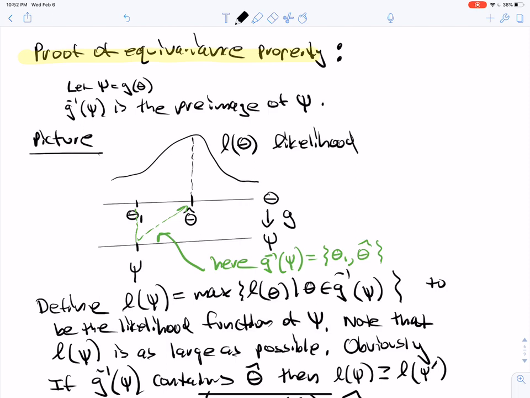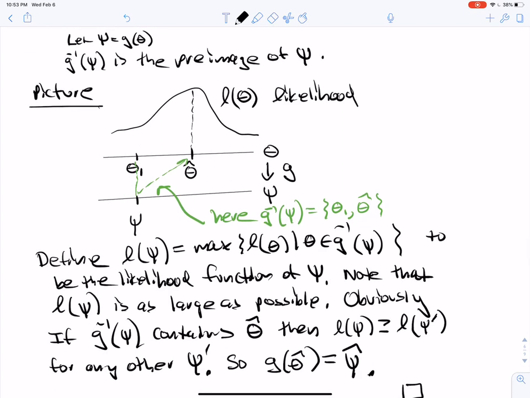I have theta, the first line, I have a coordinate change under G to phi, and phi can be many to one valued. I mean, G inverse is not a function. So phi, for example, can map to theta 1 and also to theta hat, the MLE estimator, for example.